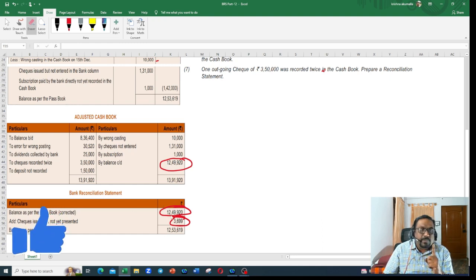Only one point is part of the reconciliation because these 3,619 checks issued but not presented are neither an omission nor an error. Hence, this is part of our reconciliation and we arrived at the passbook balance as 12,53,619. You see here, before adjusting the cash book, we got the same passbook balance. After adjusting the passbook also, we got the same balance. That's all about it.